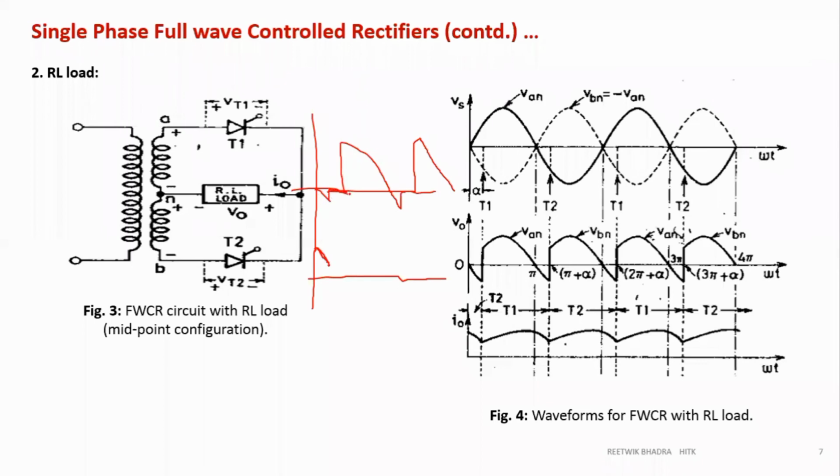This part of the voltage is 0, so this reaches 0 and becomes 0. Since voltage is 0, current will also be 0. Then during the positive cycle it will charge, then during the negative cycle it will discharge, and during the small part it will be 0, then goes on increasing. Okay, so if you change this waveform into this waveform, it is also correct, only discontinuous nature, nothing else.